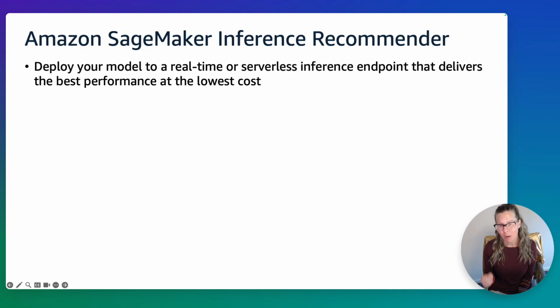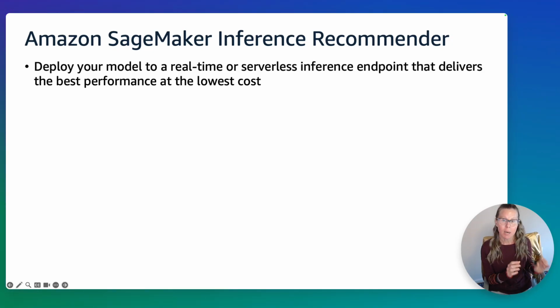Amazon SageMaker Inference Recommender is a capability of Amazon SageMaker that reduces the time required to get machine learning models in production by automating load testing and model tuning across SageMaker machine learning instances. You can use Inference Recommender to deploy your model to a real-time or serverless inference endpoint that delivers the best performance at the lowest cost.